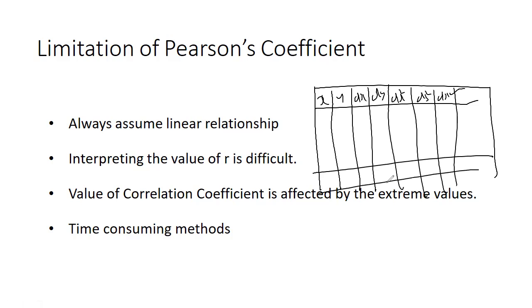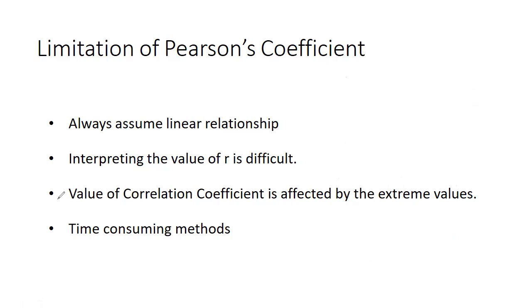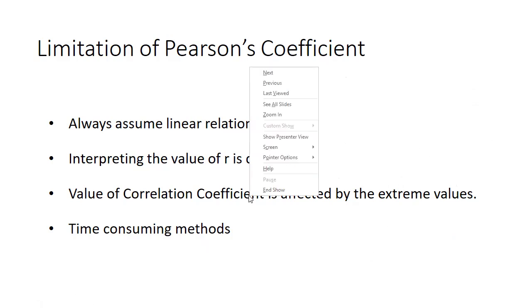You take the x bar, add all observations and divide, summation x upon n, same as y bar, summation y upon n, and then you create the third column, xi minus x bar. So it is very time consuming when you perform it manually to find the value of correlation. But in SPSS, you can do it in 1 minute.